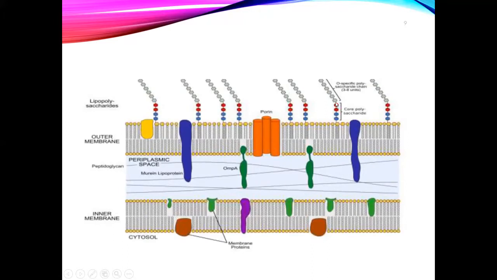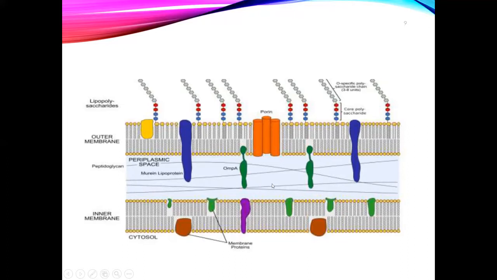This part is known as the core polysaccharide, and this is the O polysaccharide, which is responsible for the identification of the gram-negative bacteria, and lipid A is present here at the bottom, embedded in the lipid membrane.